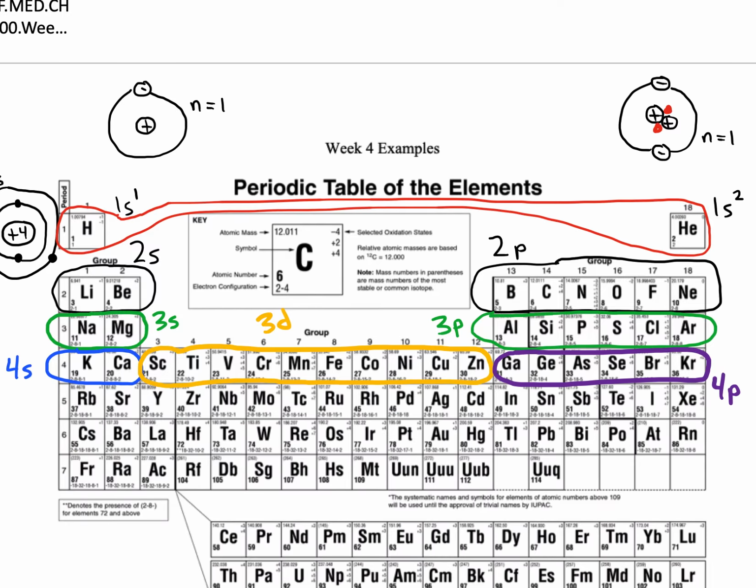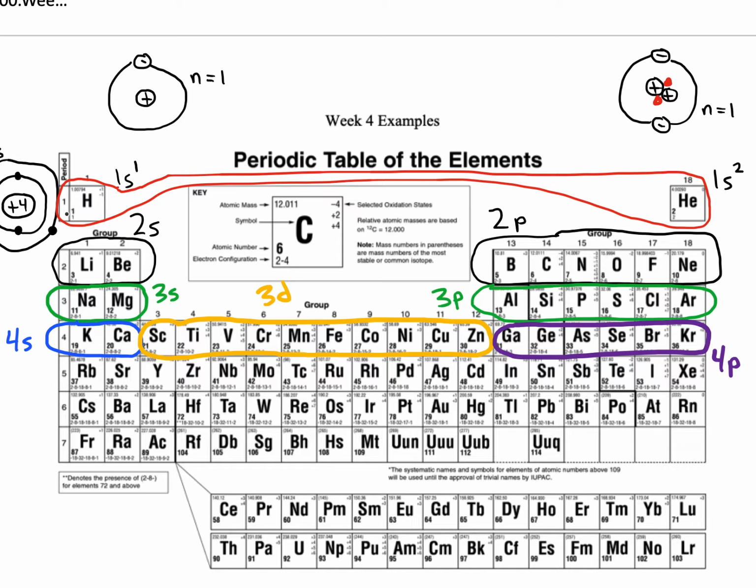The idea being we got to here and filled the 1s shell, and we filled the entire row 1. And then we'll just add the additional electrons needed to make a neutral carbon's electron configuration.